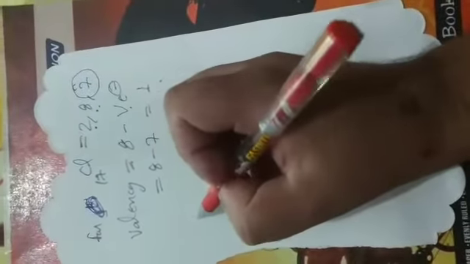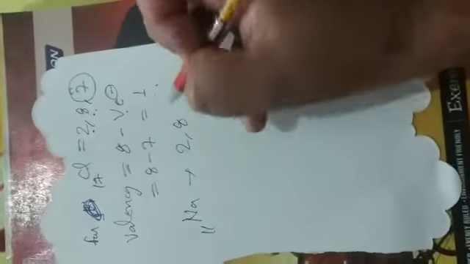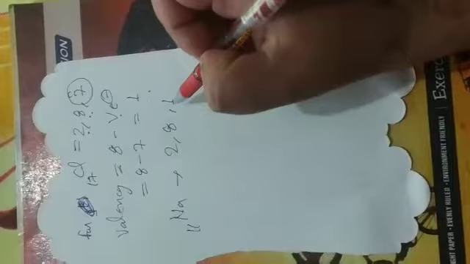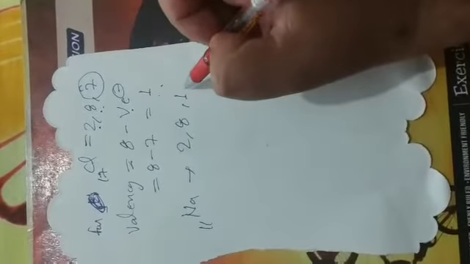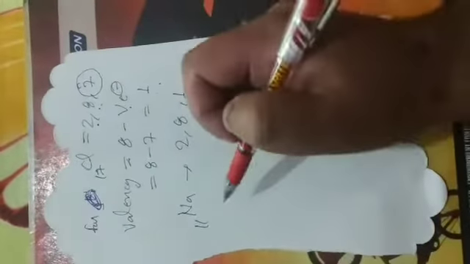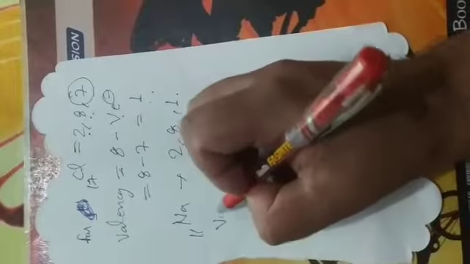Second, suppose in case of sodium 2, 8, 1, the valence electron in sodium is 1. So the first formula is applicable.